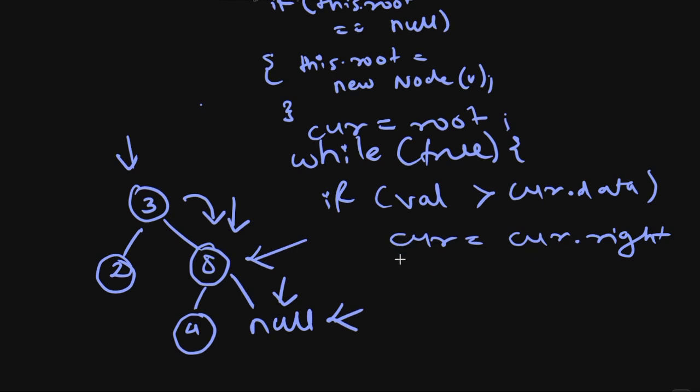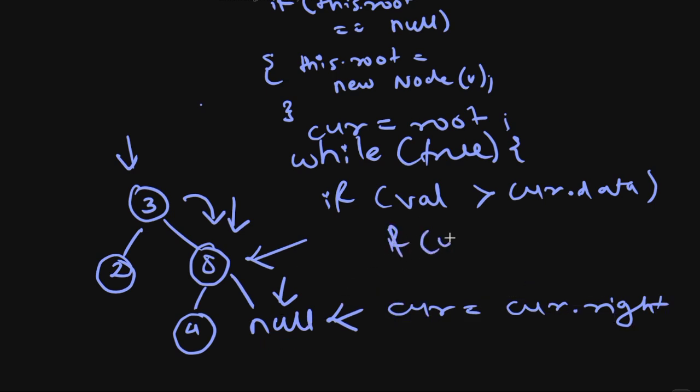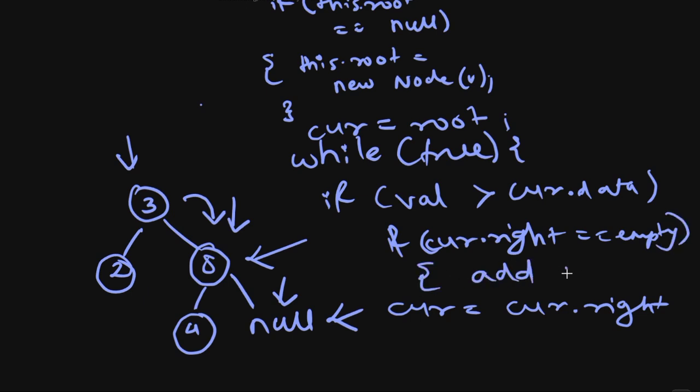So before moving further, I need to check whether current.right is empty or not. If current.right is null or empty, I need to add the node here.